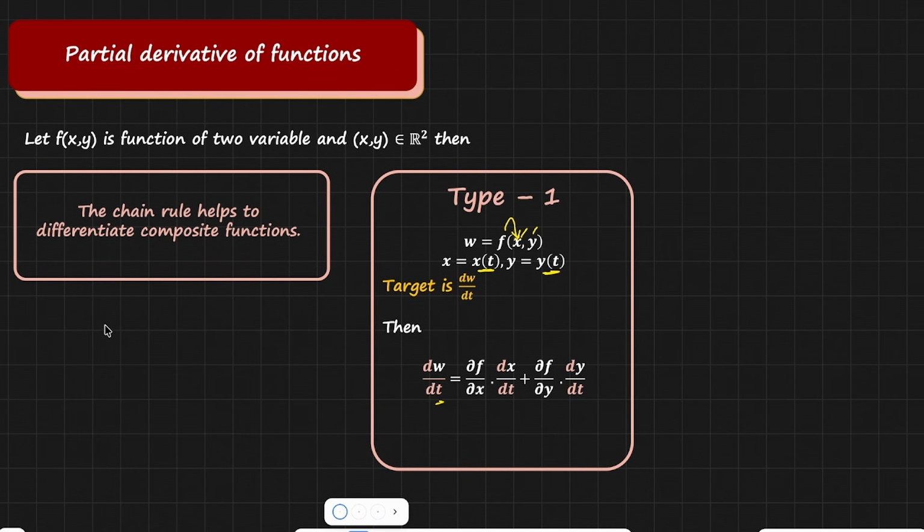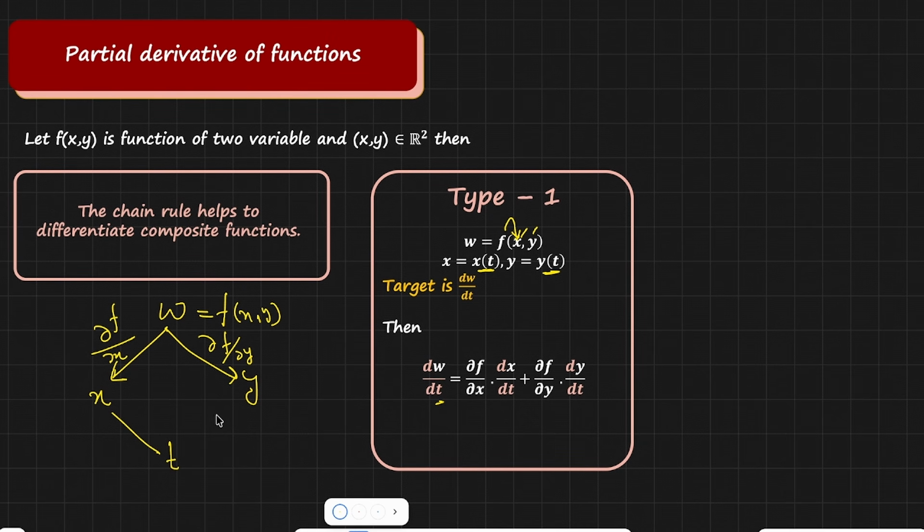You just try to understand. My w is depending on x and y, so let's say it is f of (x, y). That's why I will find the partial derivative of f with respect to x and the partial derivative of f with respect to y.